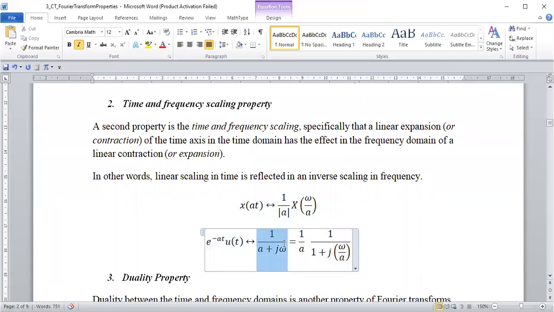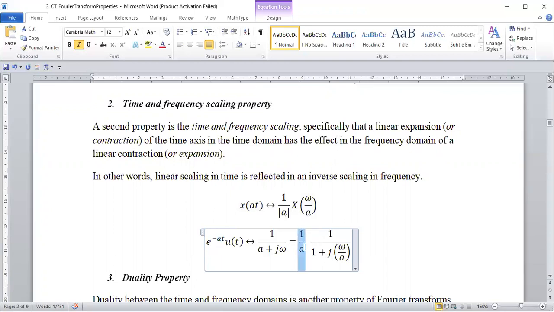This was what we got as a Fourier transform. Then dividing the numerator and the denominator by a, we arrive at this. And we know from the time and frequency scaling that a linear expansion in time, so you have a here in the time domain, corresponds to a linear contraction.